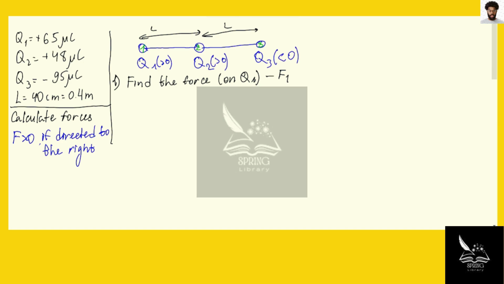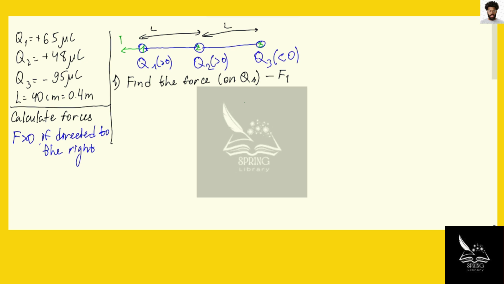First of all, we'll need to find a force with which Q1 is interacting with the electric field created by Q2 and Q3. Q1 and Q2 carry the same charges, that's why they will undergo repulsion.